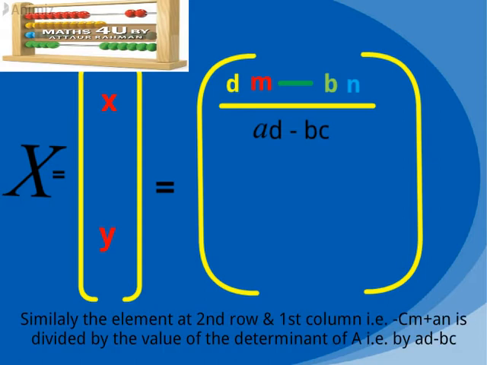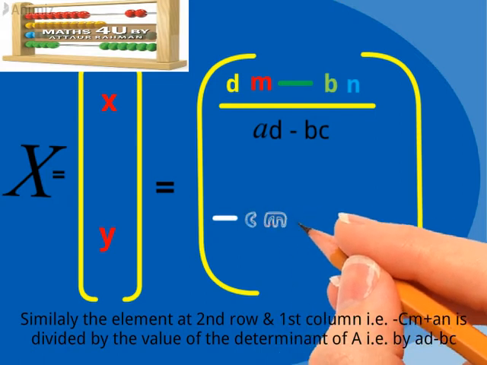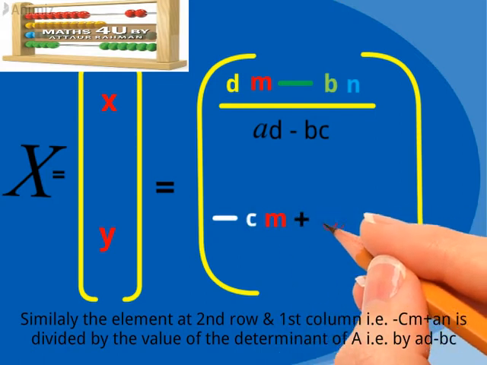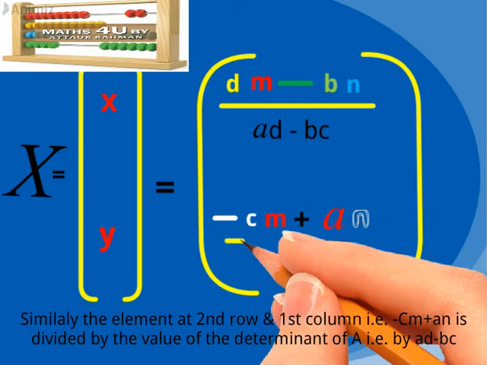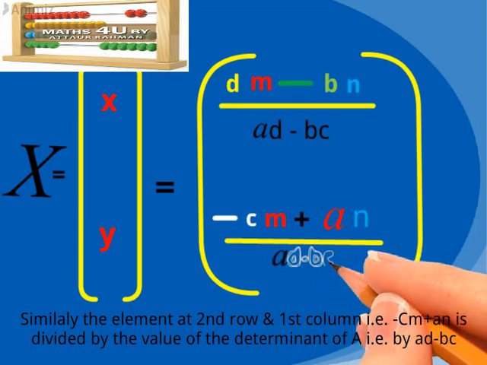Similarly, the element at second row and first column, that is, negative Cm plus An, is divided by the value of the determinant of A, that is, by AD minus BC.